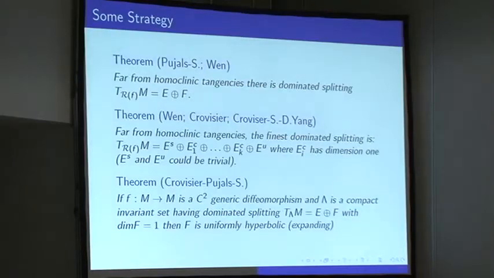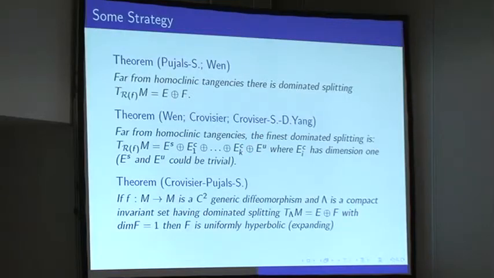What we proved with Sylvain Crovisier and Enrique Pujals is that E^s and E^u are not trivial. If we have a dominated splitting like this, with F one-dimensional, then F should be uniformly hyperbolic expanding. So this means that in this decomposition, the stable is not trivial, and the unstable is also not trivial.